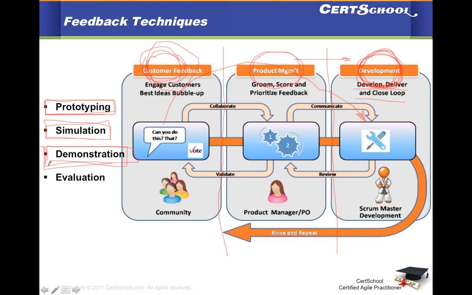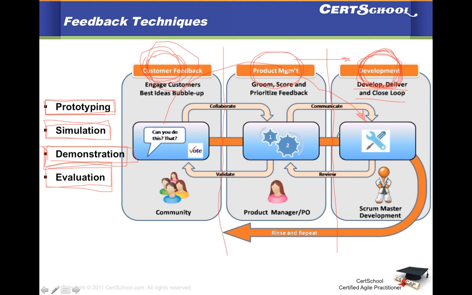And the last technique here is the evaluation. Evaluation is another way of handling it when you have multiple options. From the development side, we evaluate software or frameworks or techniques all the time. So it's a very good way of taking feedback as well.